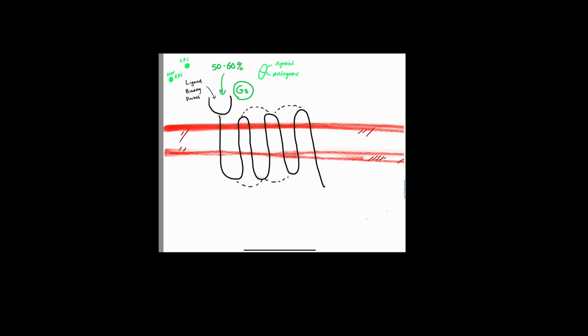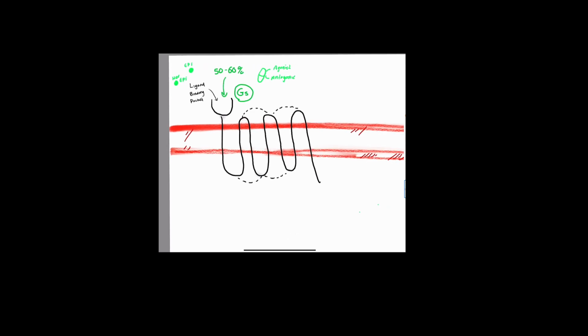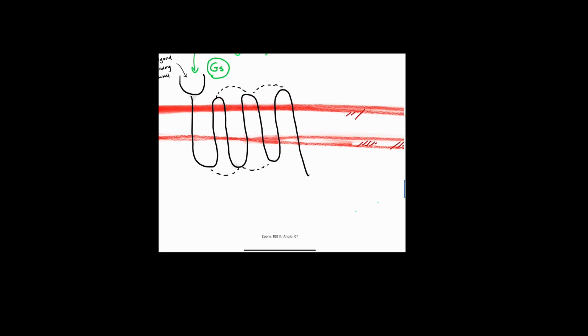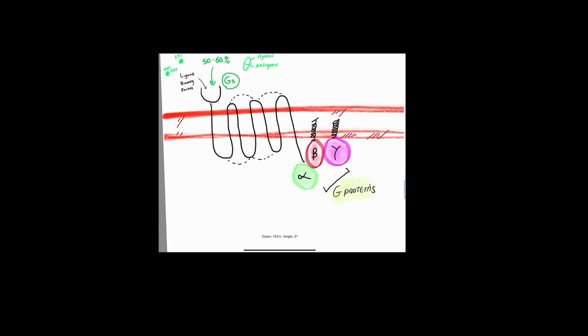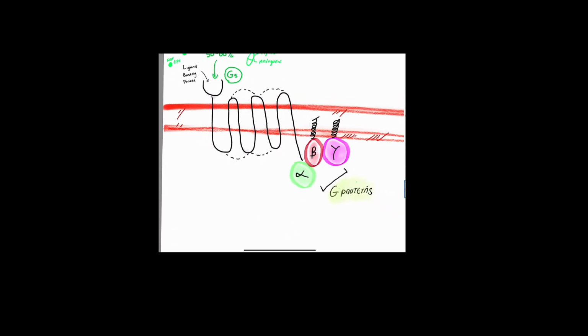So once we have a ligand bind to the G-coupled protein receptor, then we've got to look at what is happening in the C-terminus inside of the cell. The reason we call these G-coupled protein receptors is because the proteins in the cytosol are G proteins.